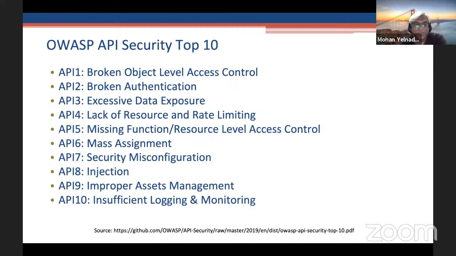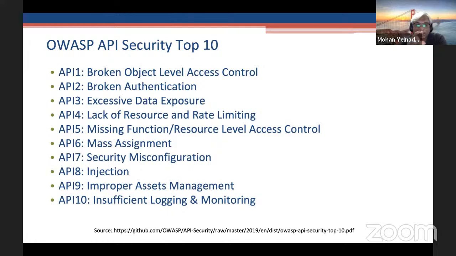Now, coming to API 1 to API 6, these are the niche attacks that the OWASP team has observed toward APIs, and you don't find them common in the web app or mobile app security top 10.